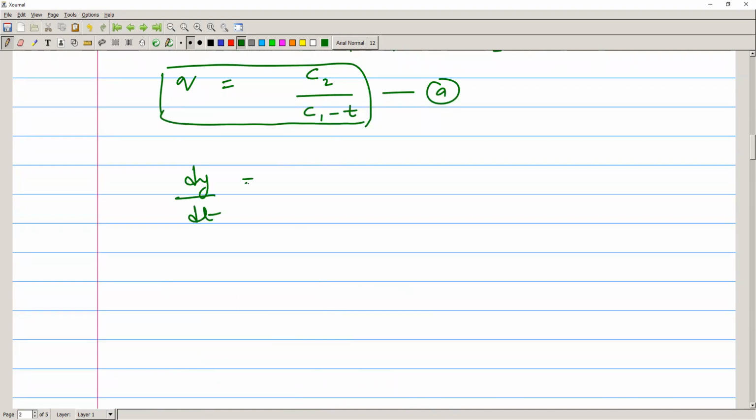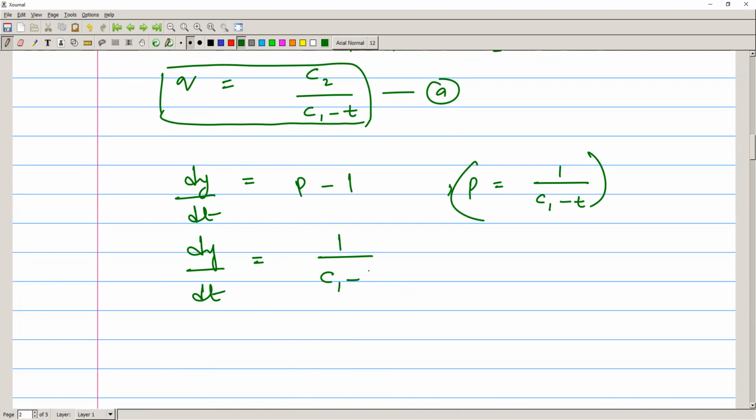dy over dt is equal to p minus 1, where p is equal to 1 over c1 minus t. So I will plug in this value and get the equation 1 over c1 minus t, minus 1. Now it's obvious from this equation that we can solve it by shifting dt onto the right hand side, because this is a function of only t.